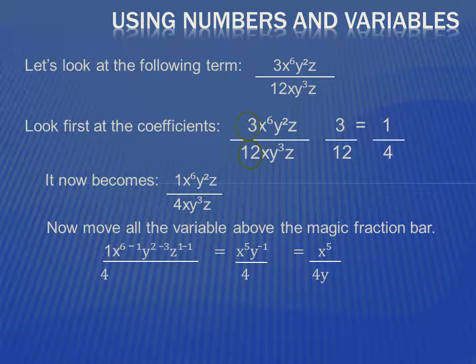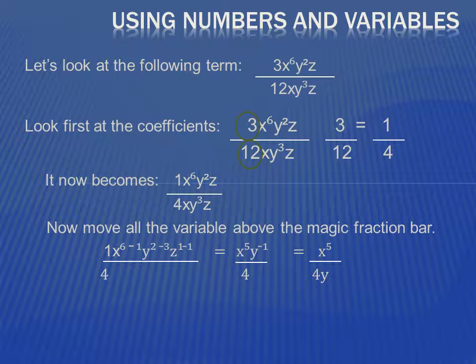Now our z's, you can either think of them as canceling each other out or as each to the first value, and when I move the z from the denominator up, that becomes a negative 1, so it becomes z to the first minus the first. When you do these, you have to take first your coefficient, then every single term individually and work them.